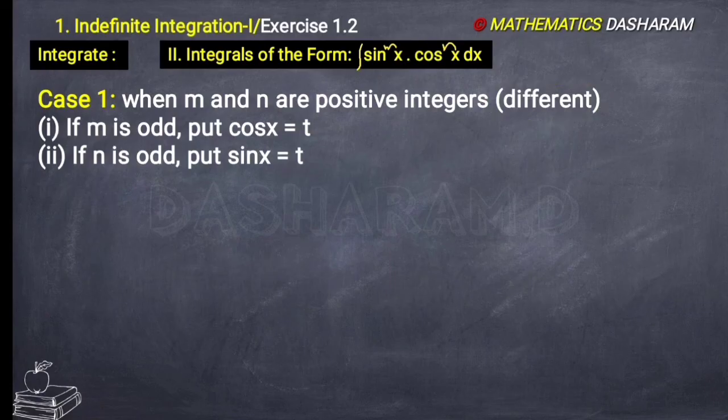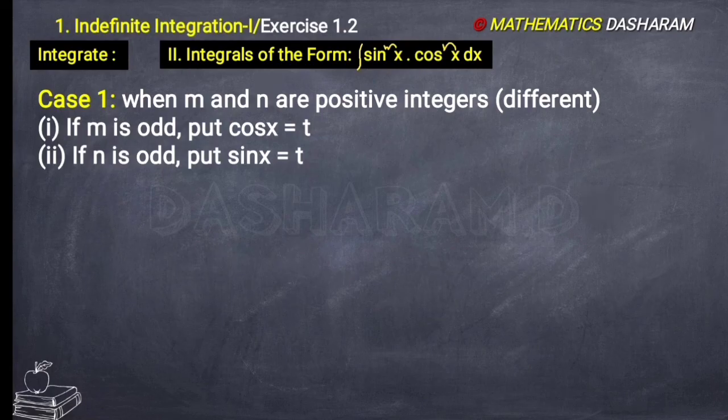In this case, if m is odd, meaning the power of sin x, m, is an odd number, then put cos x equals t and continue the answer. Next, if n is an odd number, n being the power of cos x, then put sin x equals t and continue the answer.